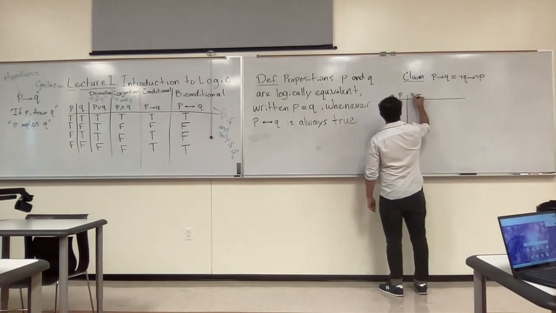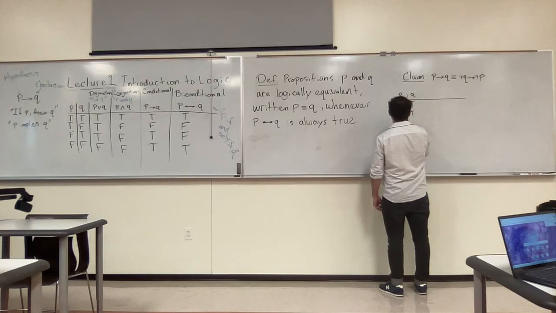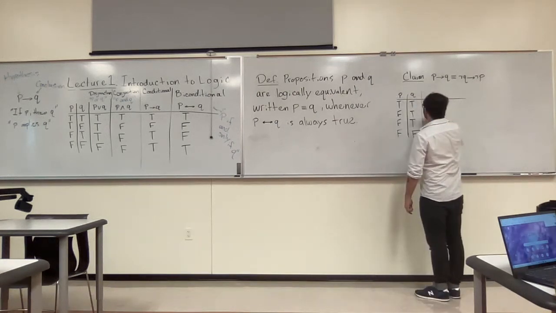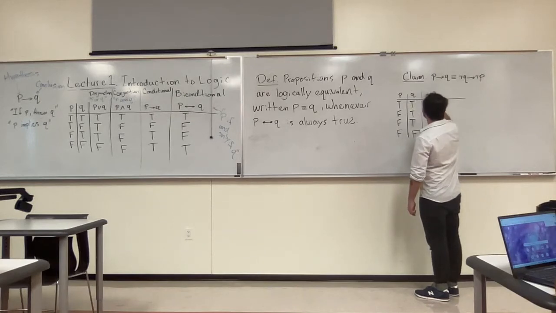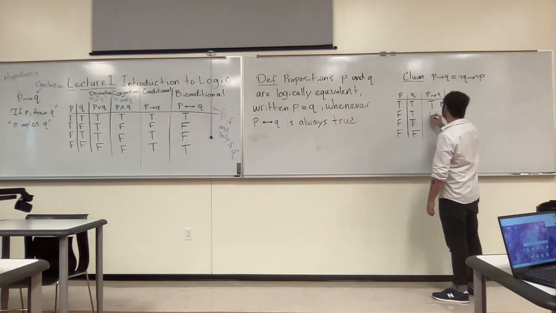For Q, we can have true, true, false, true, false, false, and then false, true, and then false. Okay, so if you look at the column for if P then Q, we get true, false, true.